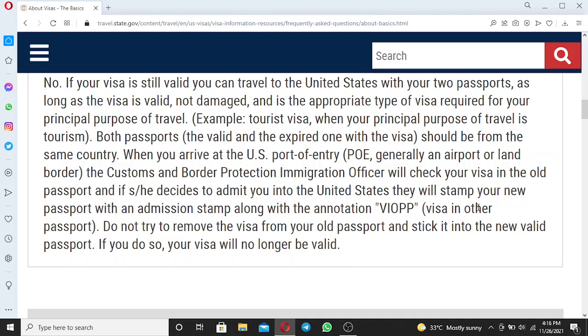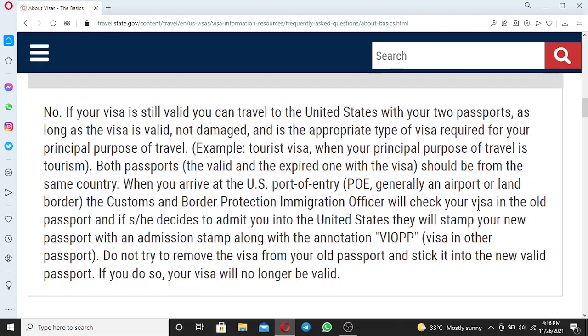It means visa in other passport. Do not try to remove the visa from your old passport and stick it into a new valid passport. If you do so, your visa will no longer be valid.